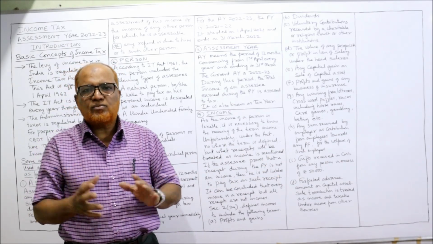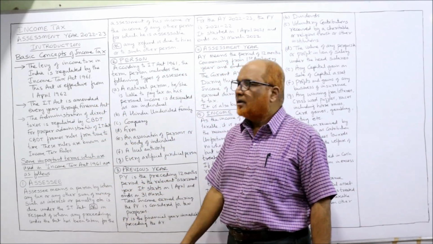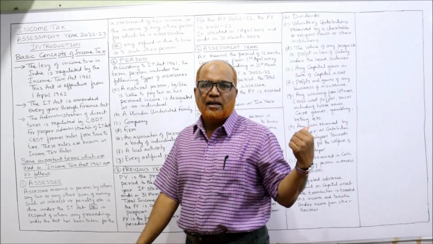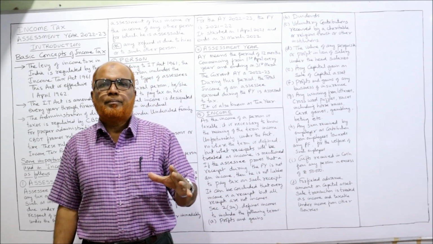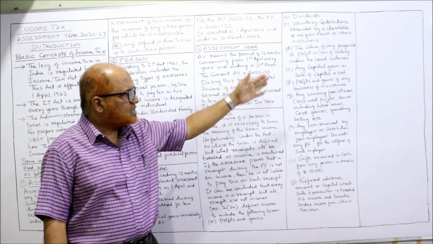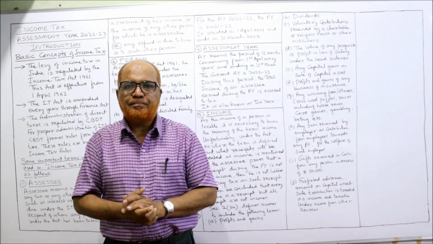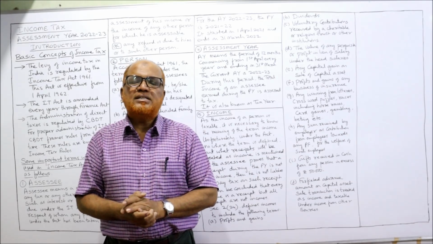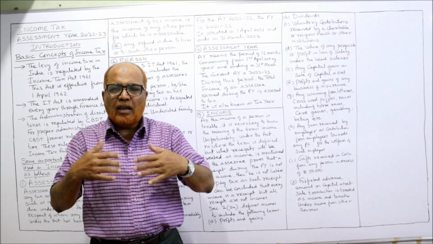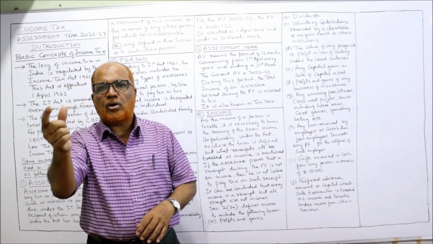That's all. So in this video, I have explained the basic concepts, then person, previous year, assessment year, and income. But for income, still some more explanation is required. By analyzing this definition, we cannot say that anything earned is income. We have to go by the judgments given by High Court and Supreme Court in India, where in a number of cases the courts have decided whether these are incomes or not.